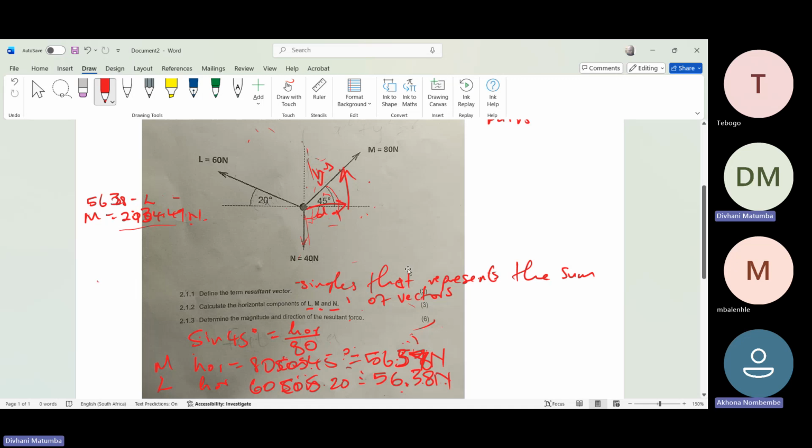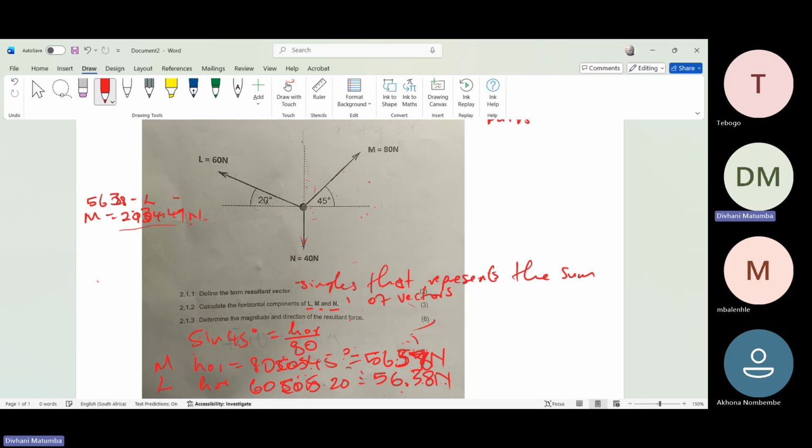The most important thing when you're finding the resultant is to know the components of all tilted vectors or tilted forces. Each and every vector which is tilted or which has an angle will have two components.